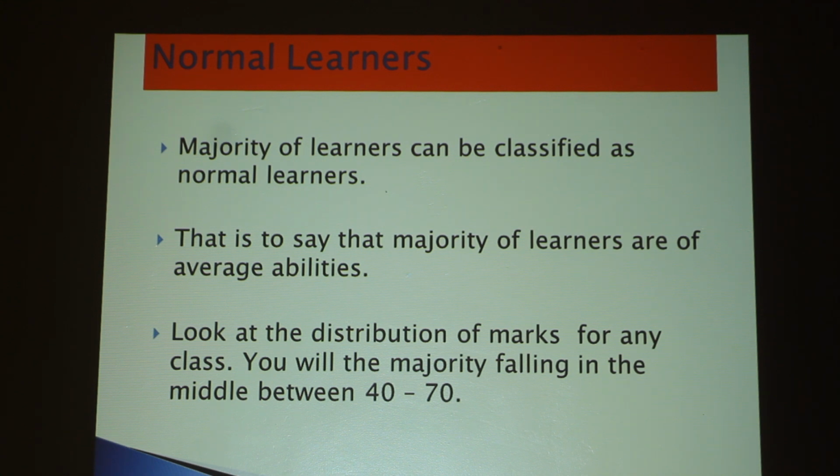So in a class of 50 people, we expect the majority to be in the middle. We call them the normal learners. The few ones at this extreme, the talented ones, are getting 100. Then the few ones are getting 30 and below. That's the normal curve. If you don't know, look at your scores. You'll find the majority are in the middle. And those majority people are the normal learners.